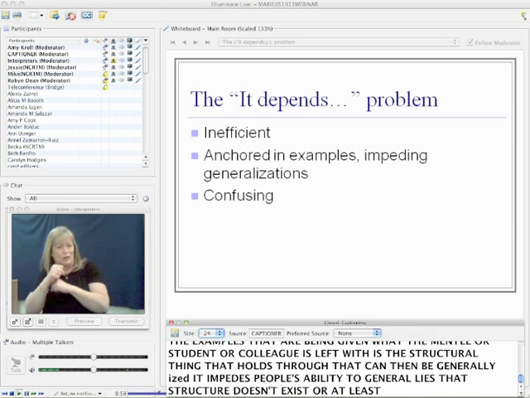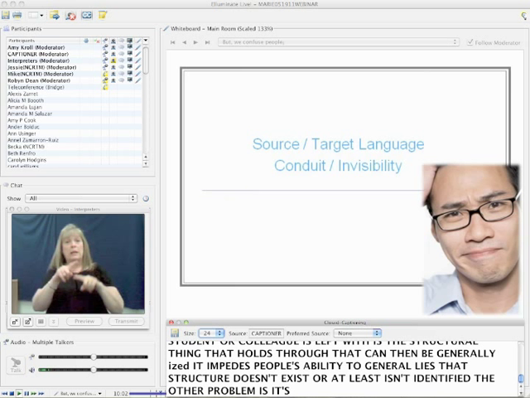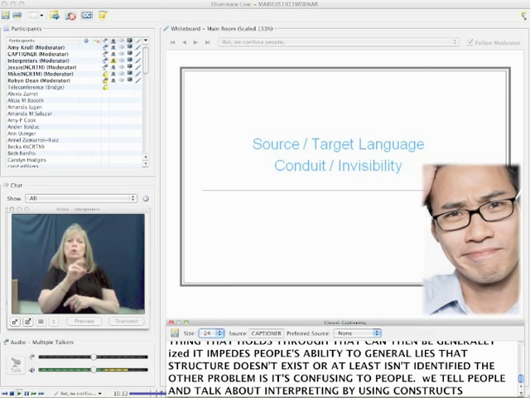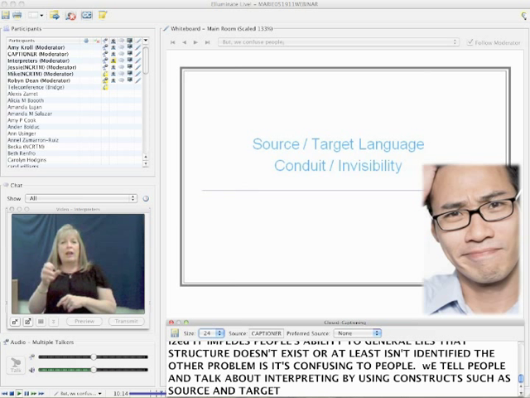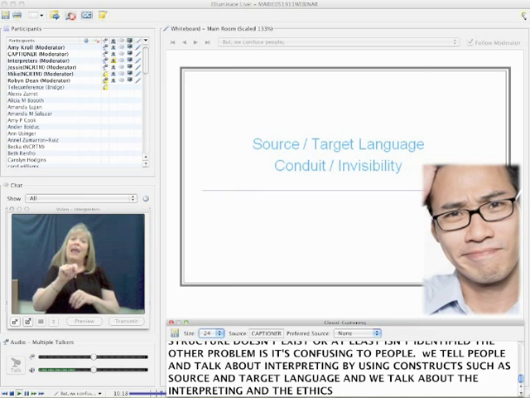The other problem with "it depends" is that it's confusing to people. We tell people and talk about interpreting by using constructs such as source and target language. And we talk about interpreting and the ethics of interpreting based in a conduit or invisibility model.